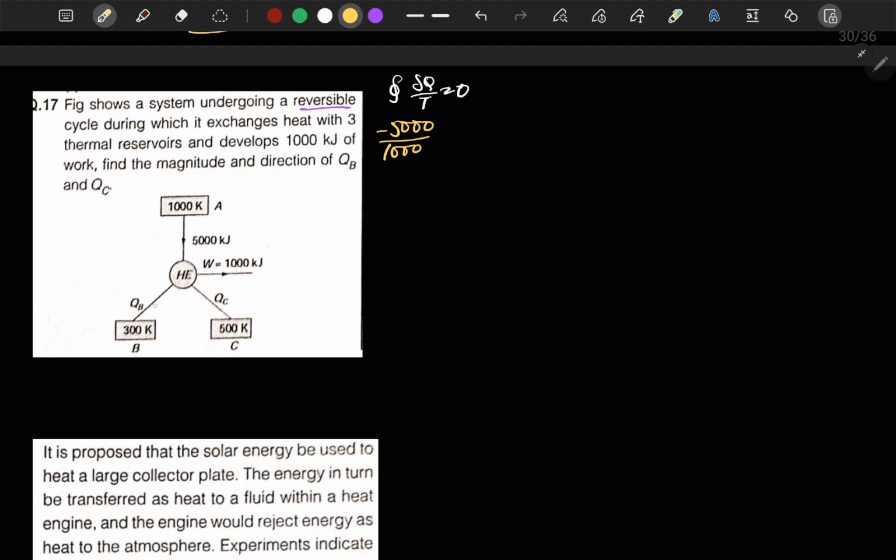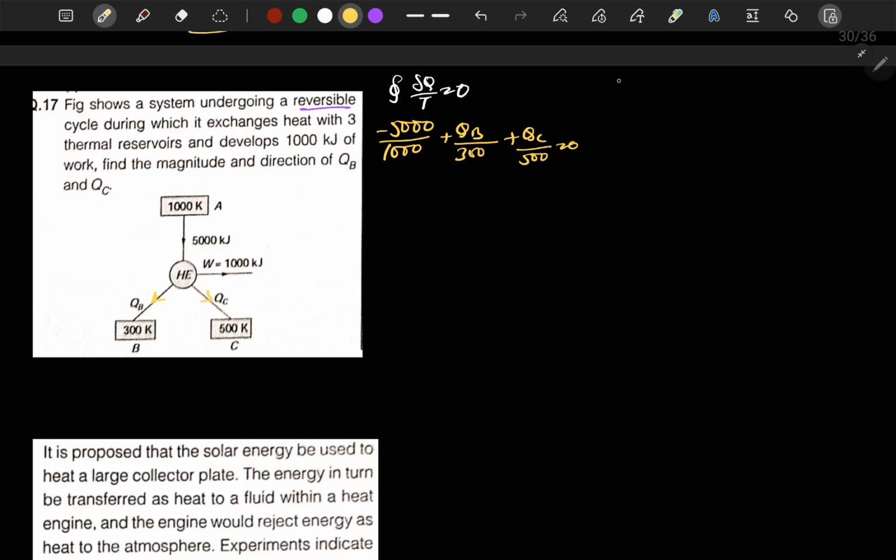Now let's assume the direction of QB to be this and QC to be this, that both heats are rejected from the heat engine. So we proceed as plus QB upon 300 plus QC upon 500 equal to 0.